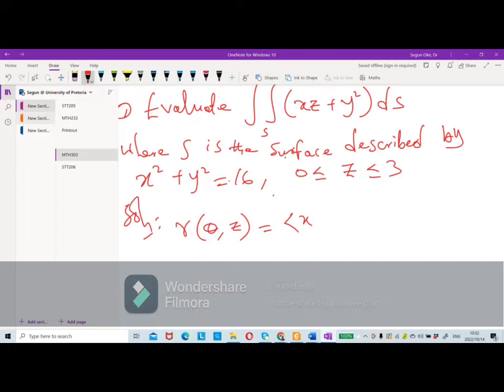I have seen it, sir. Okay. Some will tell you we can use another thing, but in this case, what do we use? We are going to use R, theta, and Z. From there, what next?